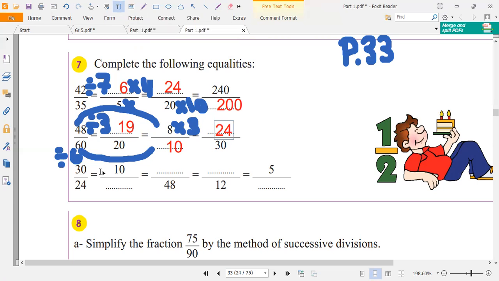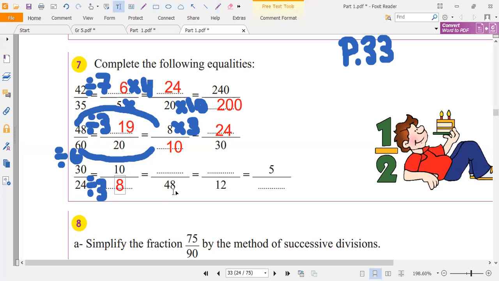Now 30 becomes 10. So we divide the fraction by 3. So here we have to divide 24 by 3. And we get 8.